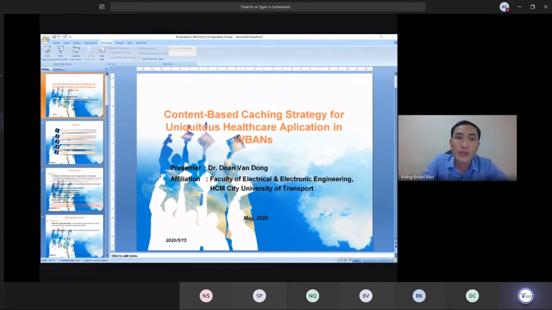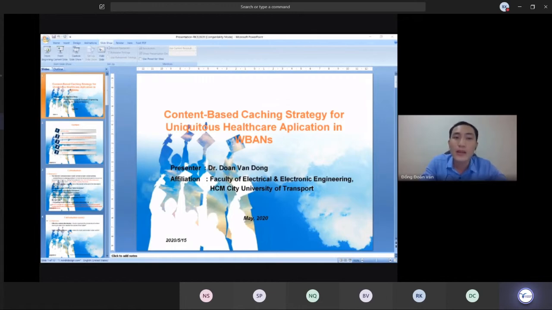Related to the objective, from the problem we have two objectives. The first is effective content distribution, and how to maximize the probability of content sharing to users from the nearby nodes.